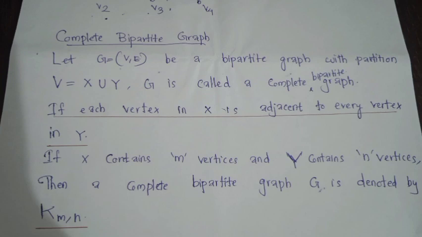Complete bipartite graph. Let G equal (V, E) be a bipartite graph with the partition V equal to X union Y. G is called a complete bipartite graph if each vertex in X is adjacent to every vertex in Y. In a complete bipartite graph, each vertex in one set is adjacent to every vertex in the other set.